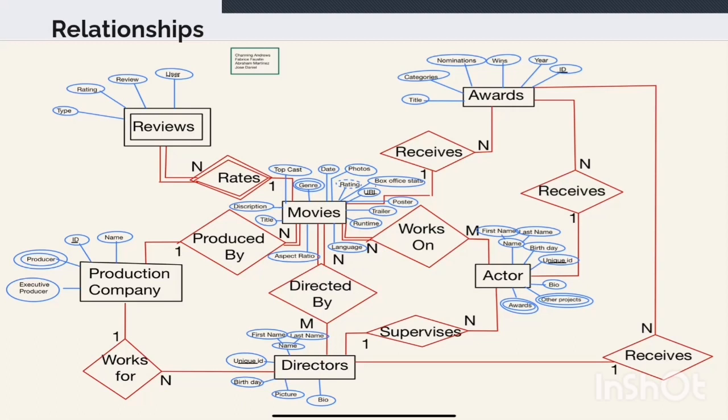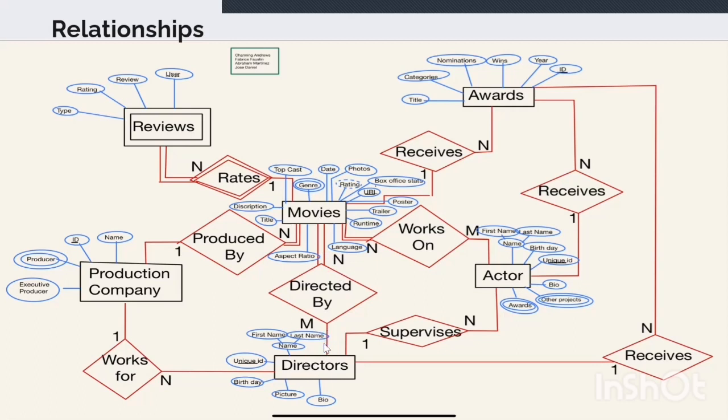A total constraint enforces a mandatory participation or existing requirement for involvement. So a movie must be directed by multiple directors, whereas directors may or may not direct n number of movies.